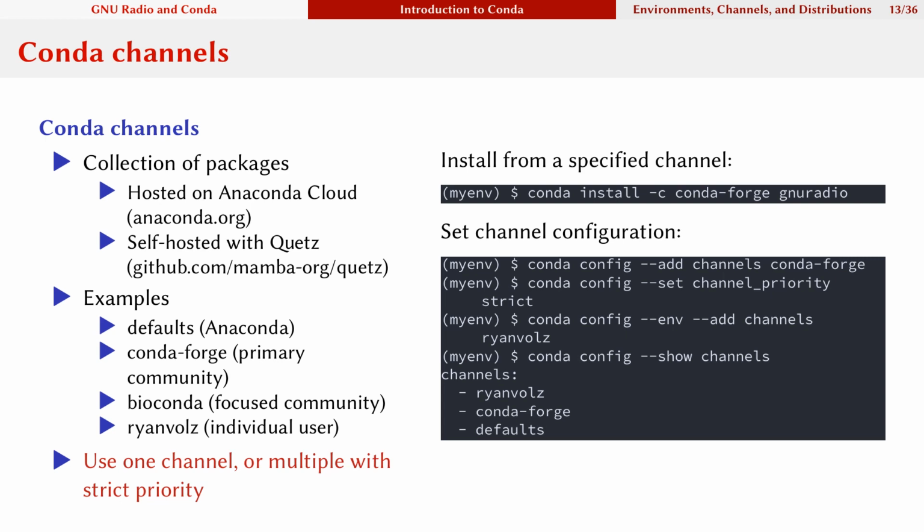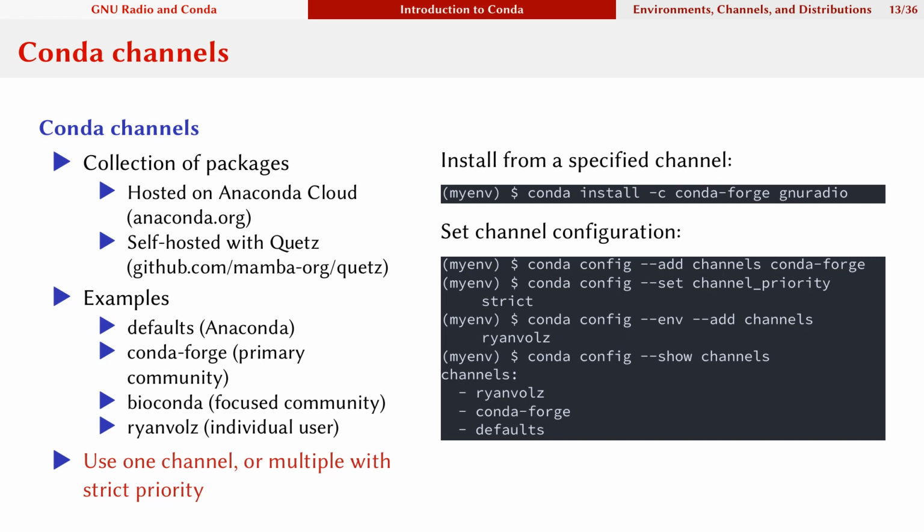There's also the conda-forge channel, which is the primary collection of community-supported packages. There are also focused communities of different packages, one of them being Bioconda for biology and bioengineering. And on Anaconda Cloud, you can also have individual users with their own channel. So I have my own channel, ryanvolz.